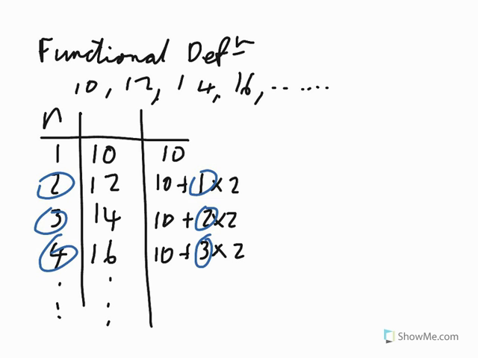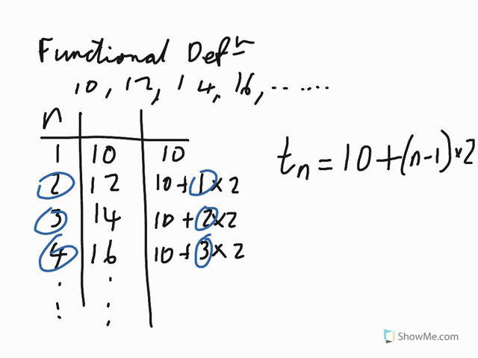So from this we can deduce that any term number, term n, for this particular one would be 10, our starting number, plus, well, it's n minus 1, isn't it, times by 2.